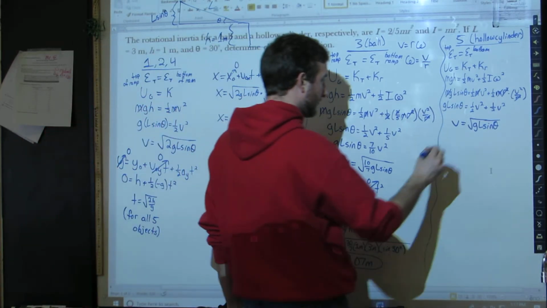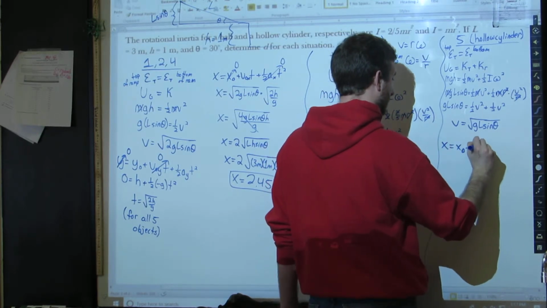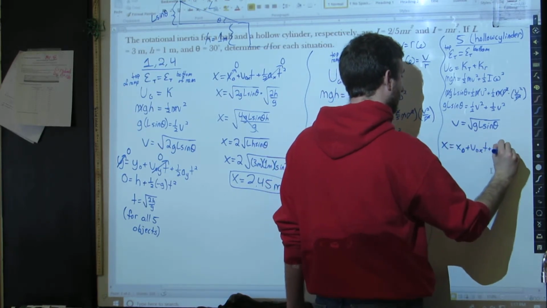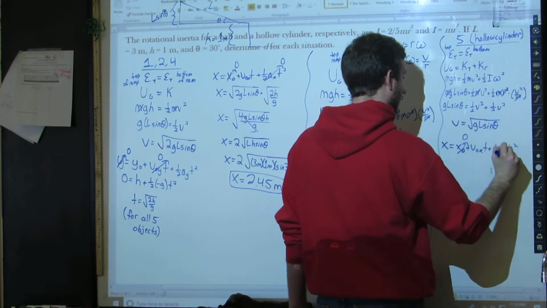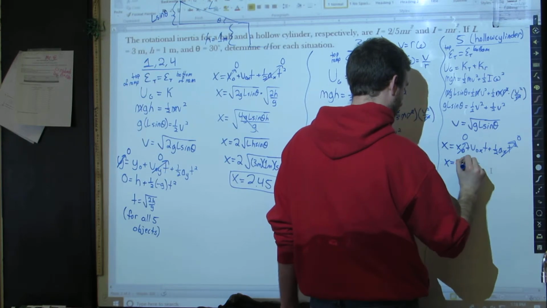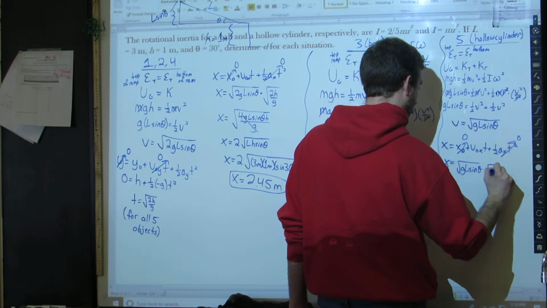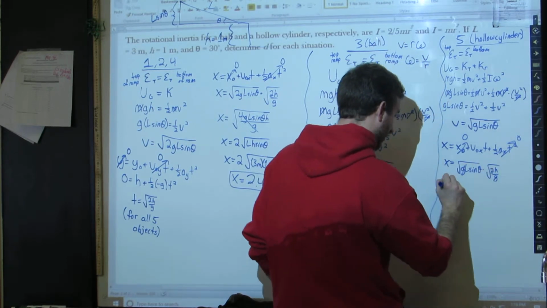So, we go to our distance equation. That's 0. That's 0. Square root of g L sine theta times square root of 2h over g. Cancel the g's.